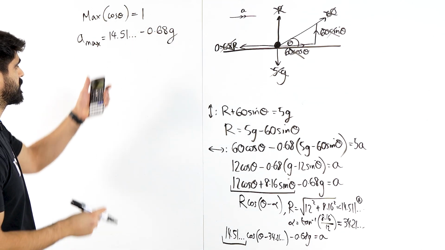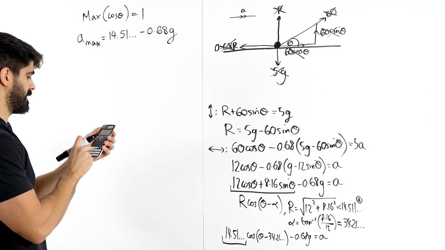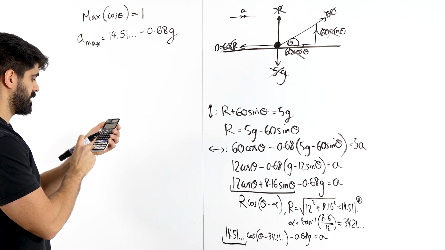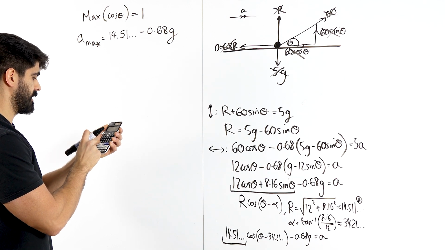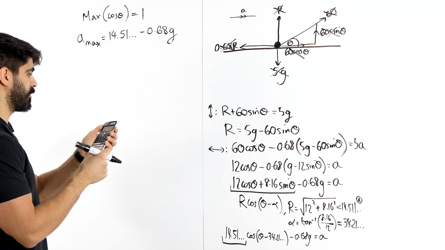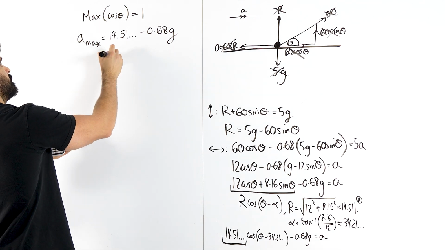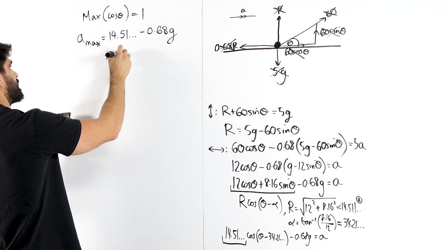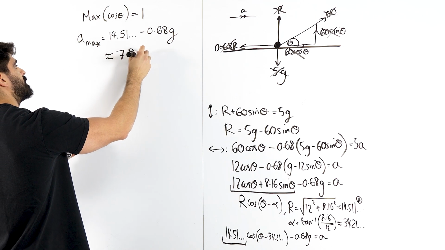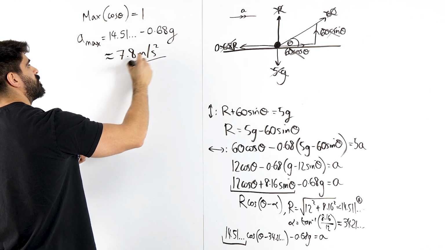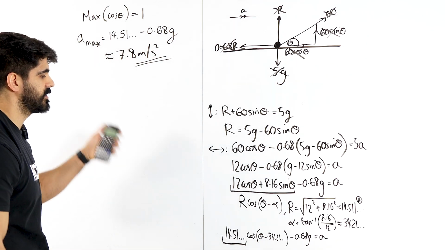Now I stored this as A, so I'm doing A minus 0.68 times 9.8, which is 7.84. Because we're using gravity, I'm going to say 7.8 meters per second squared. And that is your answer.